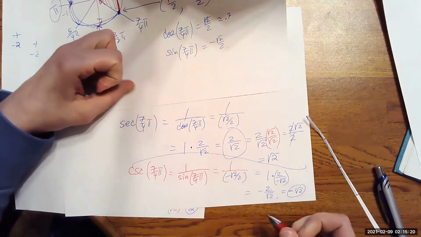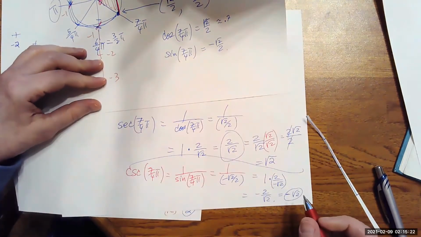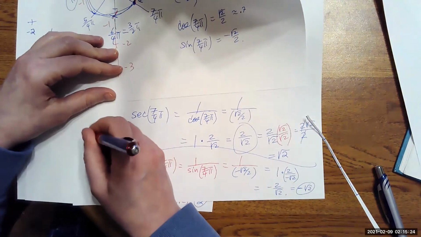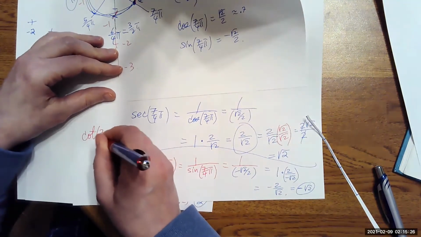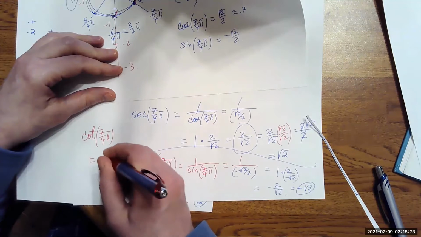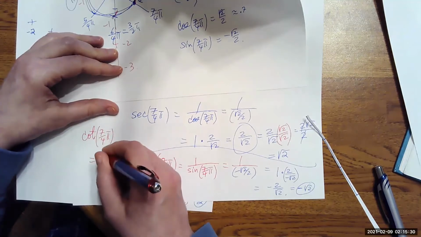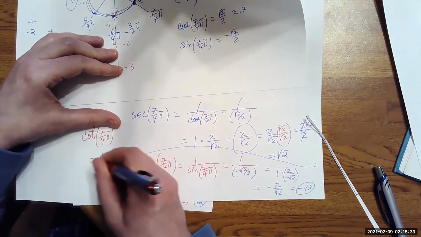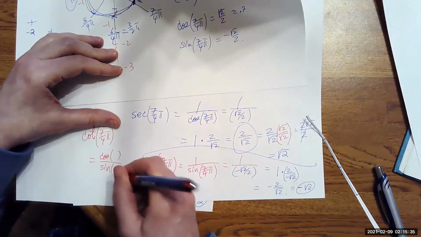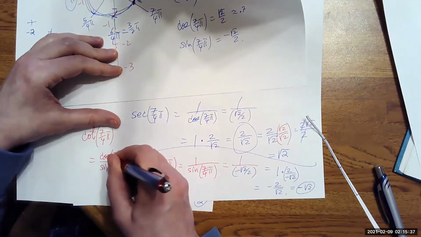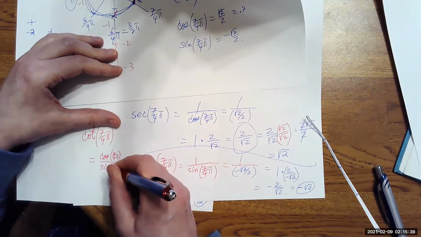And similarly, if we needed the tangent or anything else, we could figure that stuff out. Let's try the cotangent of 7/4 pi. So cotangent is the reciprocal of tangent, that is cosine over sine. So cosine of 7/4 pi divided by sine of 7/4 pi.